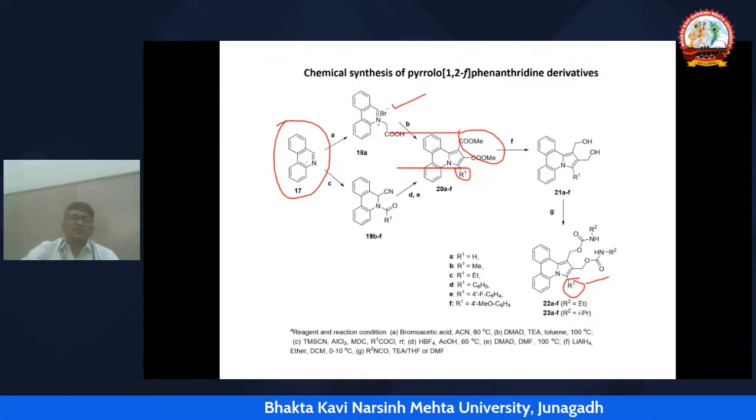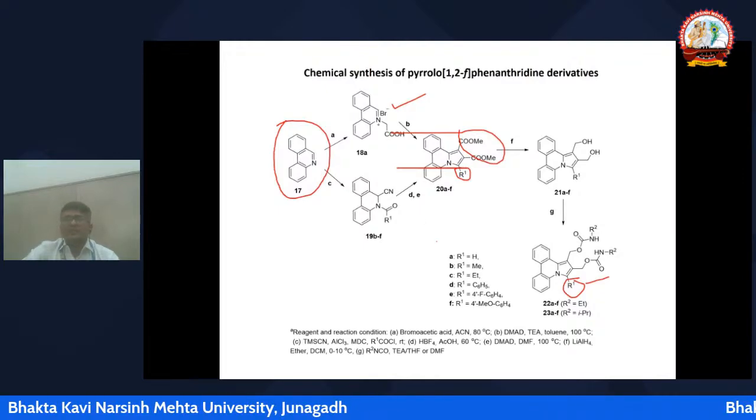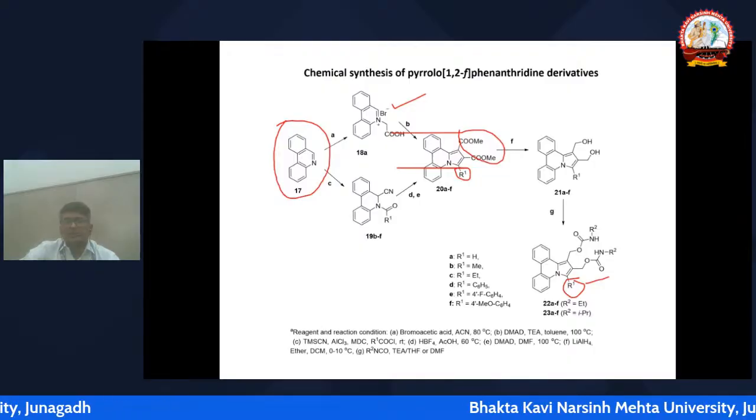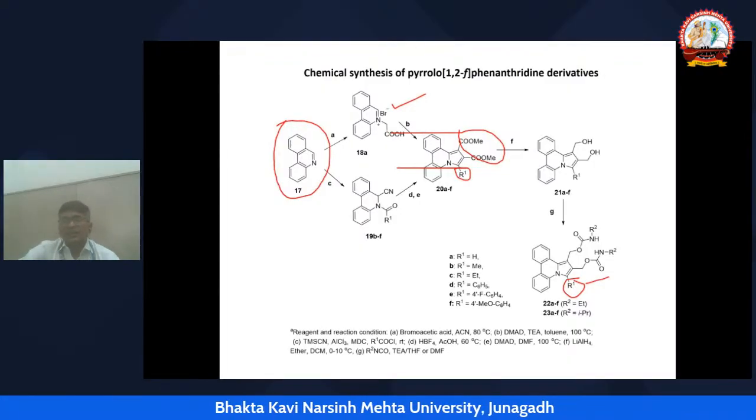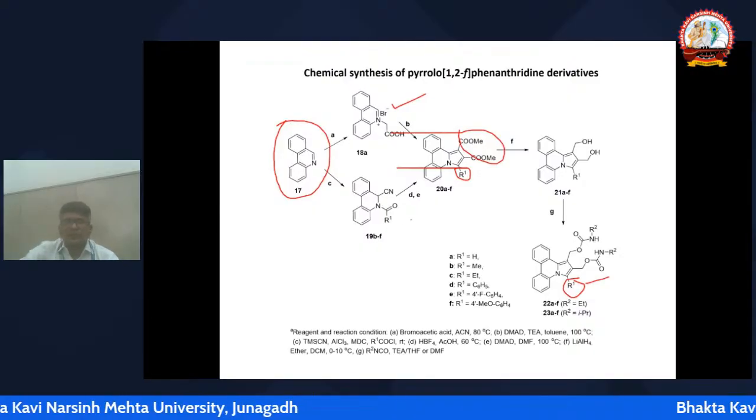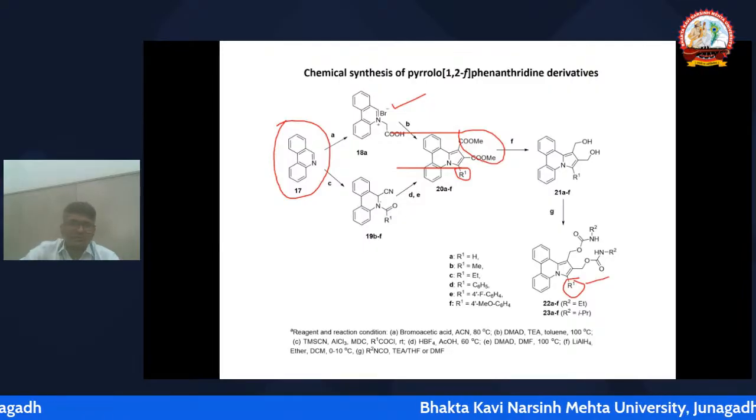Then in a second way, this compound number 7O reacts, similar to the earlier method, with TMSCN in the presence of AlCl3 as a catalyst in dichloromethane solvent, and reacts with acetyl chloride, different acetyl or benzyl chloride.